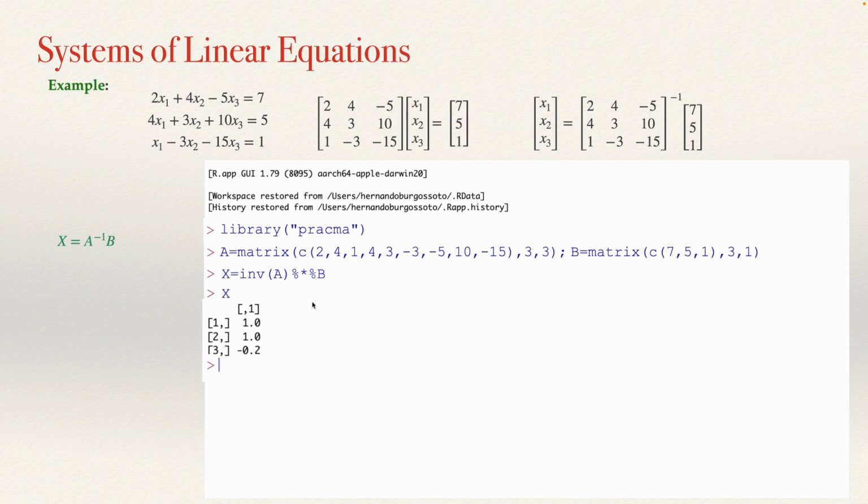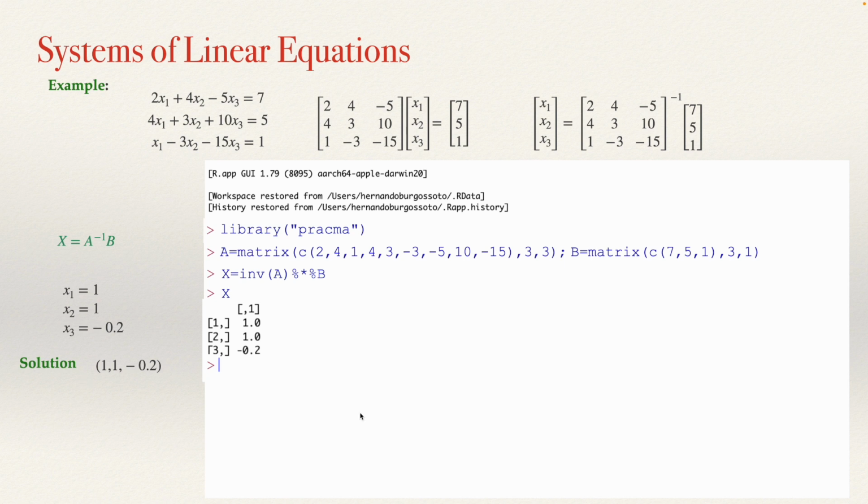The second unknown is 1 also. And the third, x3, will be minus 0.2. So let's type this: x1 equal 1, x2 equal 1, and x3 equal minus 0.2. You can give the answer in this way, or you can say row vector 1, 1, minus 0.2. That is the solution of this problem.